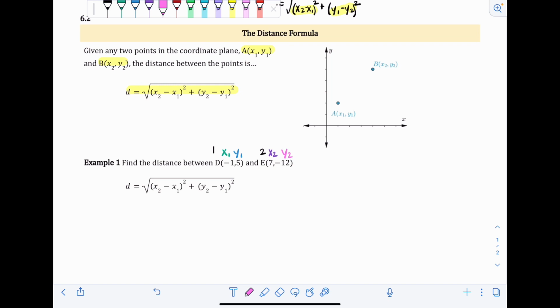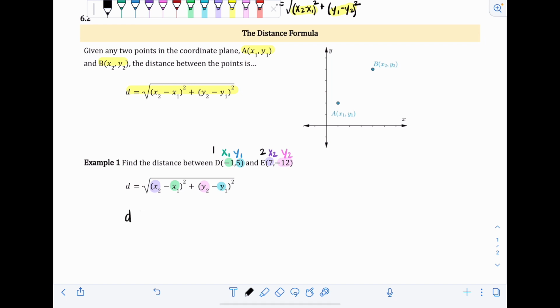Again, it really doesn't matter which way you work it, it should always end up being the same. Okay, so x2 was 7, so that'll go right there, and then x1 was -1, so that'll go right there. Be careful with the double negative. And then y2 was -12, and then minus y1, which was 5.